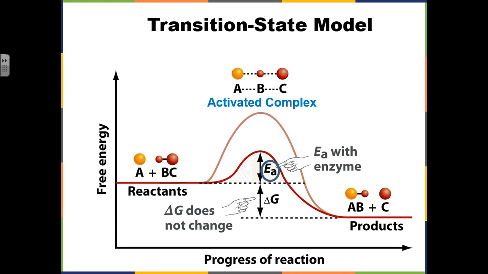It's not your final product, but it's about to be, because as it reacts, your bonds are being broken and your bonds are being formed, almost synergistically, all happening at once. Then you finally yield your products on the back end, where the energy is represented at a lower threshold. And depending on the nature of what you're working with, the activation energy can actually be lowered.